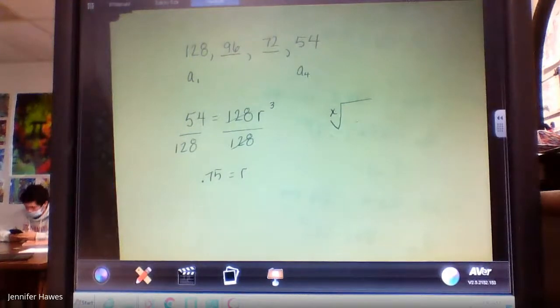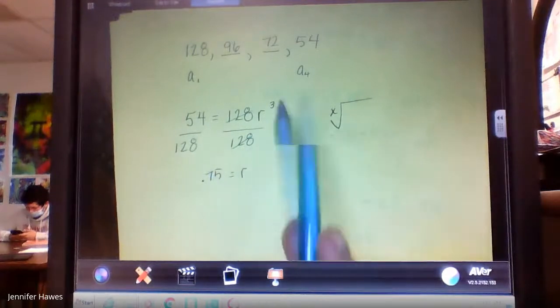If you don't get 54, you did something wrong. Okay, good. So all you're doing is multiplying times 0.75. But like I said, if you screw up here, you won't get 54.